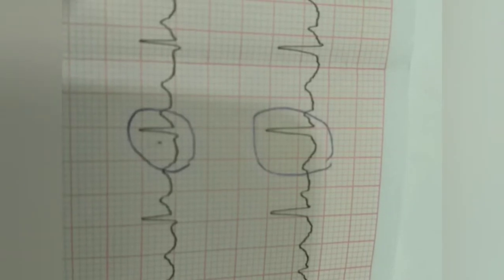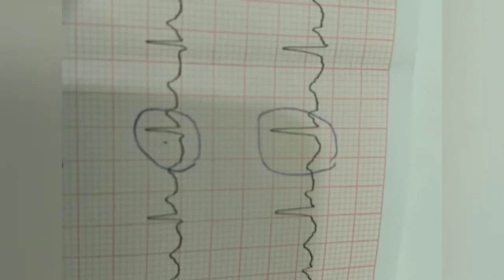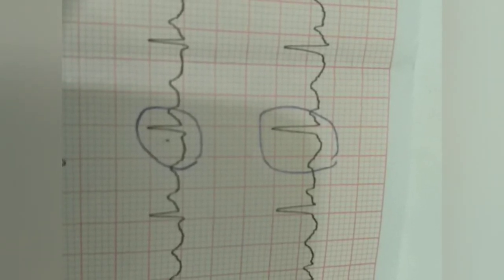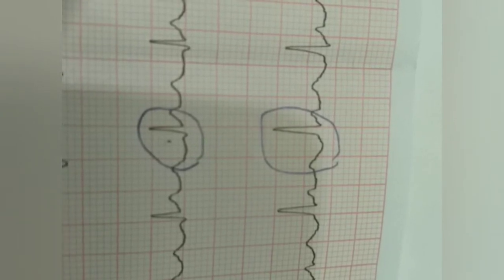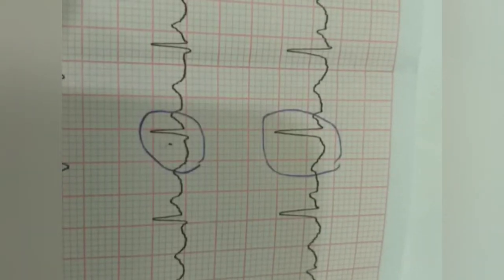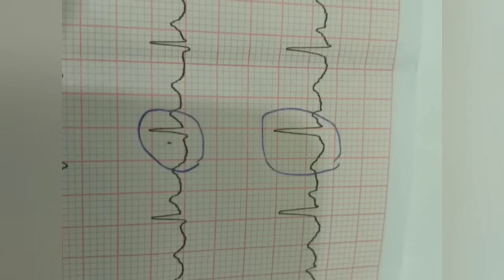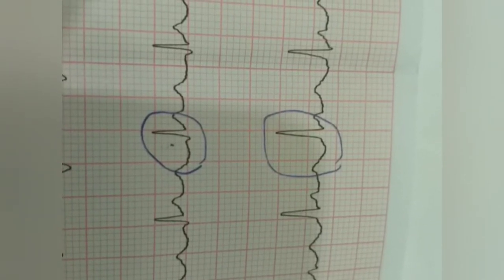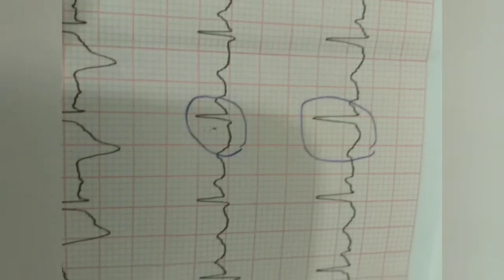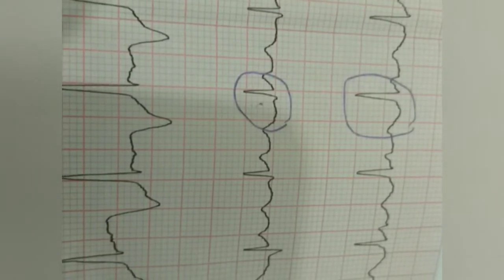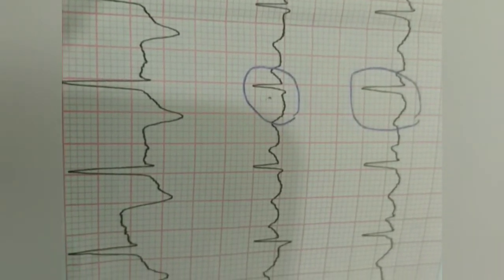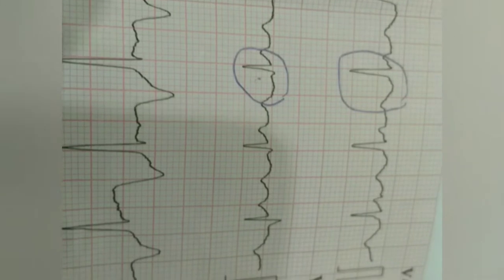Both of these are being supplied by the right coronary artery. So these slight changes may point towards some sort of ischemia going on in the areas which are being supplied by the right coronary artery, septum and right ventricle.